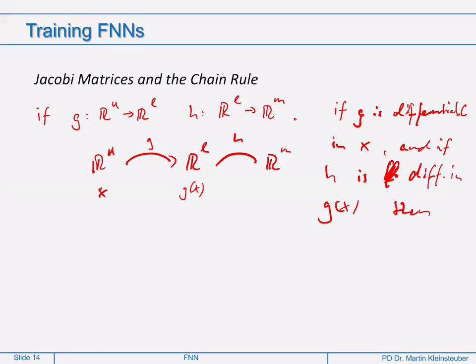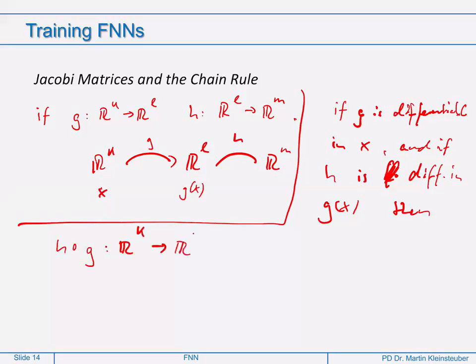the function h concatenated with g, that goes from Rk to Rm, is also differentiable in x with Jacobi matrix.